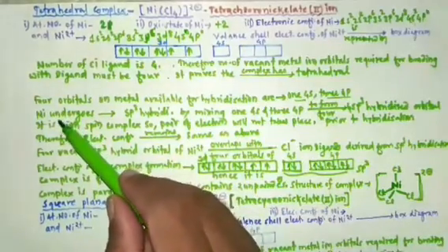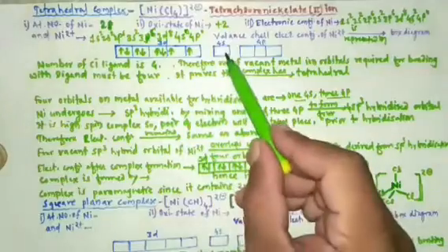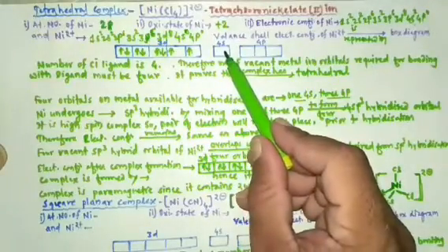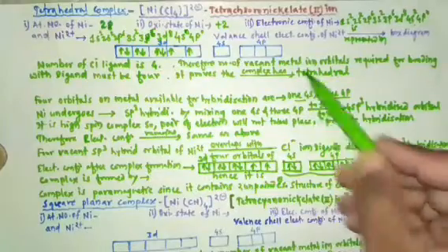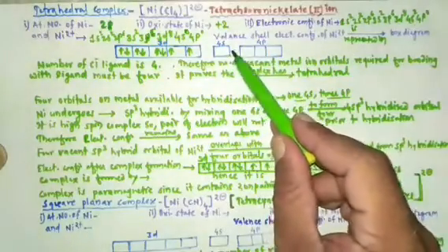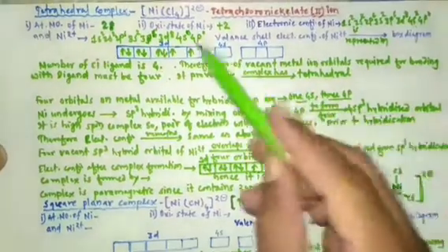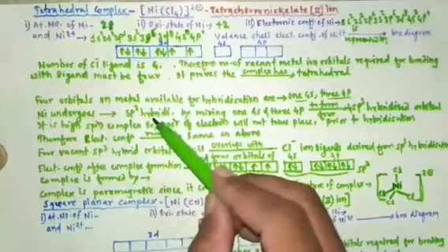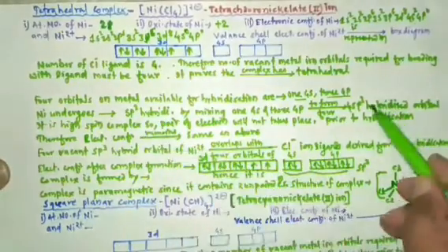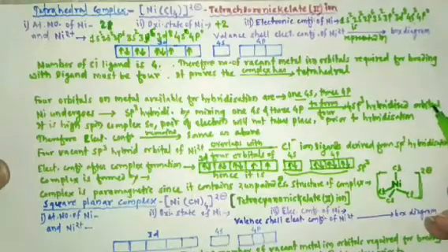So nickel undergoes sp3 hybridization by mixing one 4s and three 4p orbitals, and it produces 4 sp3 hybridized orbitals.